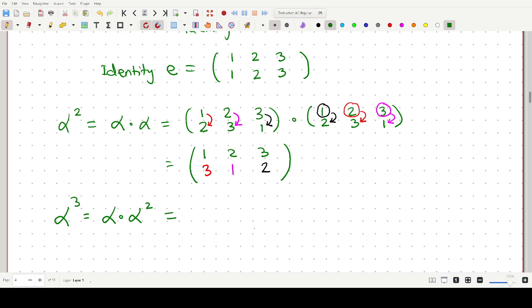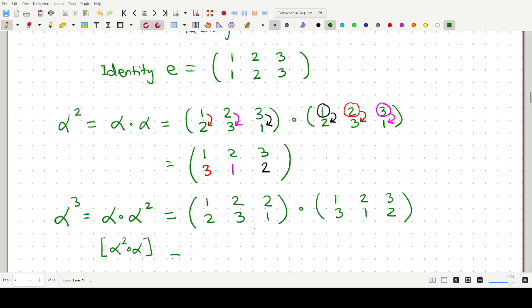We can also write this as alpha to the power 2 composed with alpha. That would also yield the same result. Anyhow, let us stick to alpha composed with alpha to the power 2. This is our alpha. This is our alpha to the power 2.